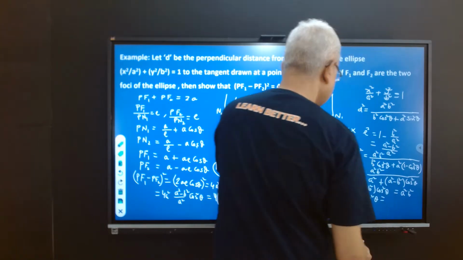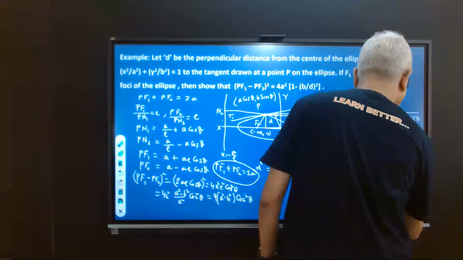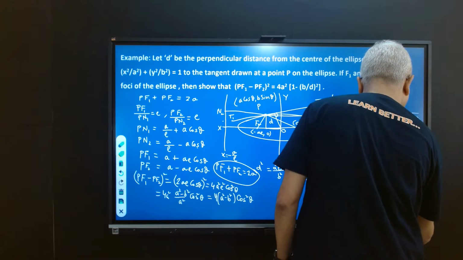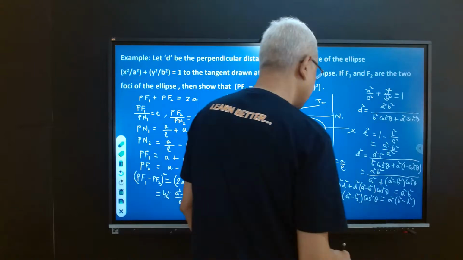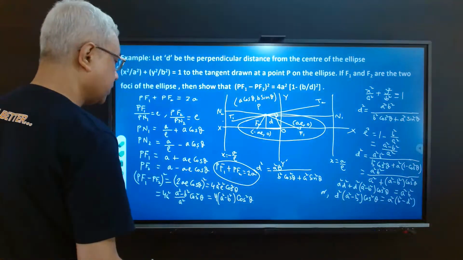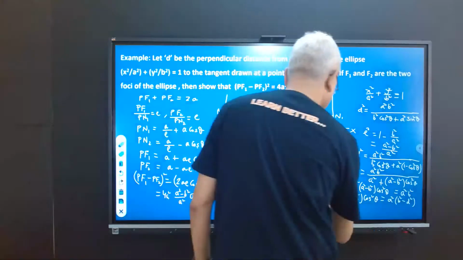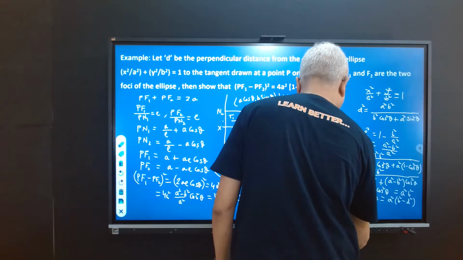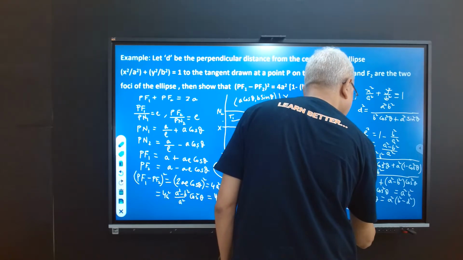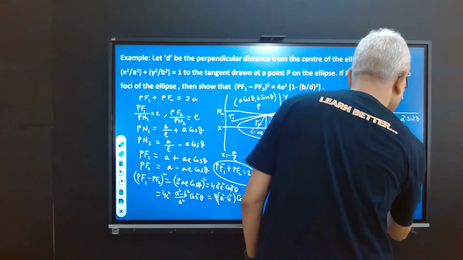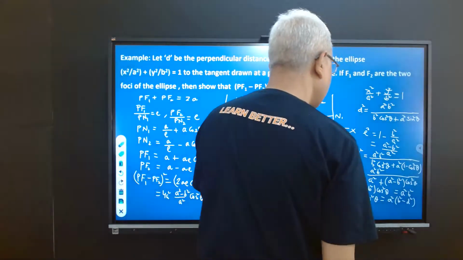Simple calculation, which is basically a square b square minus b square. So (a square minus b square) cos square theta is equal to, this is how much?